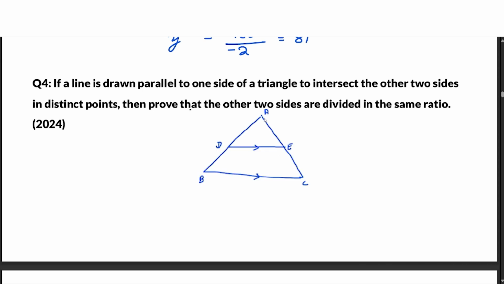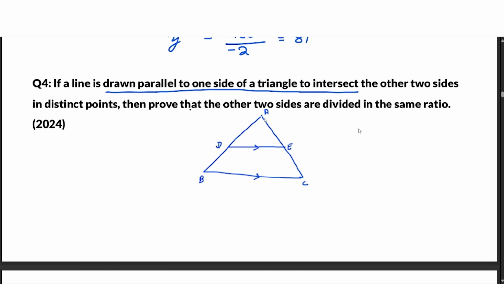So which means you have this triangle. First give the bigger triangle the name ABC. Now we have to draw it in such a way that a line is parallel to one side. So this line is parallel to this one.